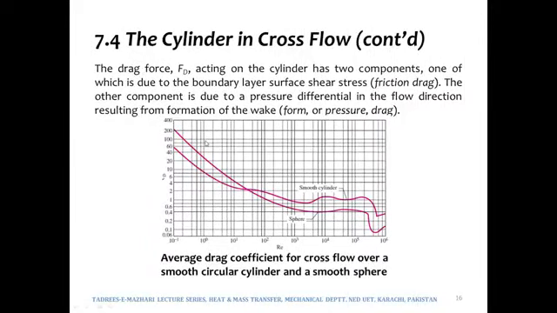Now this graph is between the drag and the Reynolds number. On the x-axis we have the Reynolds number Re, and on the y-axis we have Cd, which is the coefficient of drag, and it is for the cross flow over a smooth cylindrical surface and a smooth sphere, as has been mentioned here.